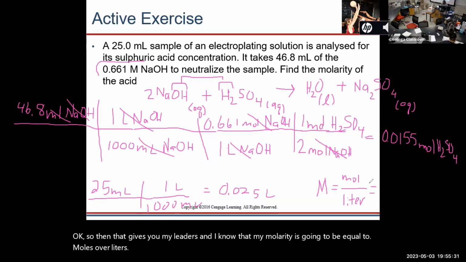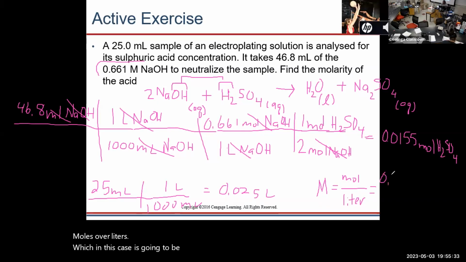Which in this case is going to be 0.0155 moles over 0.025 liters.